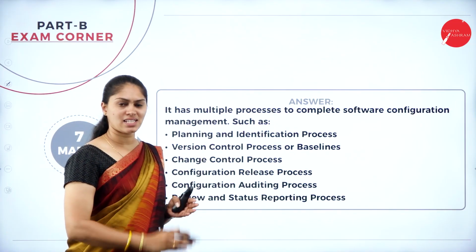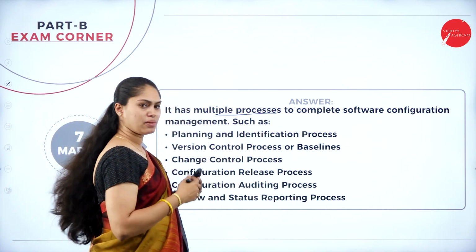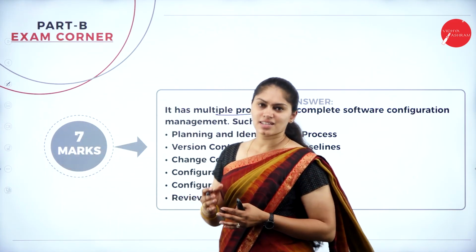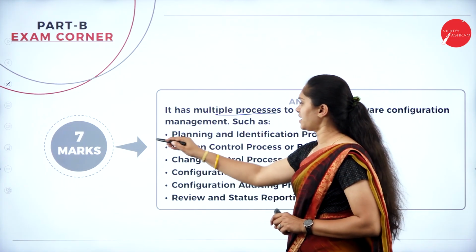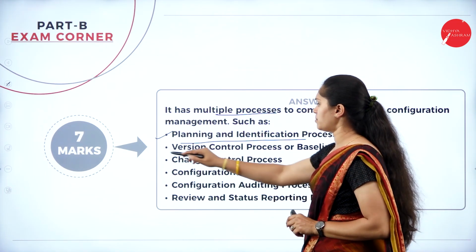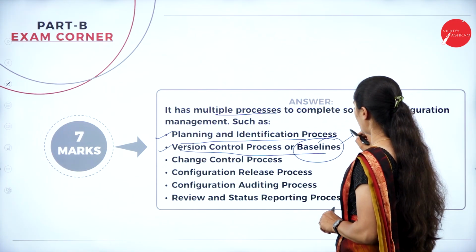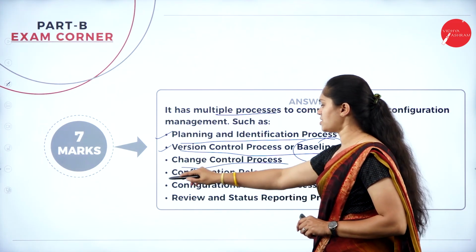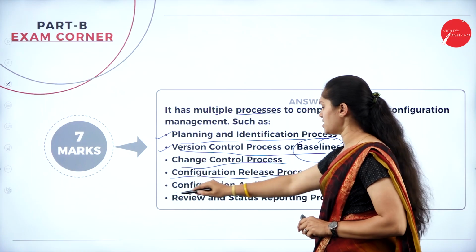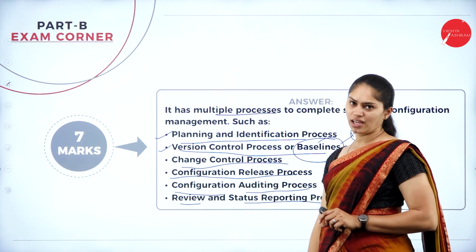When it comes to SCM, it is going to have multiple processes. In order to manage the configuration of software, it has different processes that include the planning and identification process, the version control process or baseline, a very, very important keyword, and also the change control process, configuration release process, configuration auditing process, and review and status reporting process.